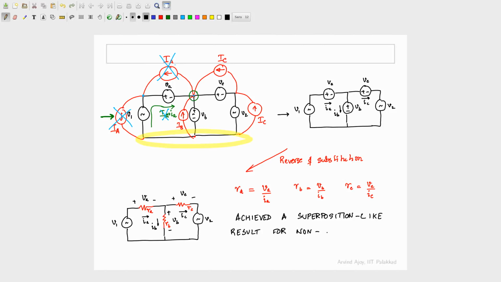So basically we have achieved, and with that I can stop, a superposition.